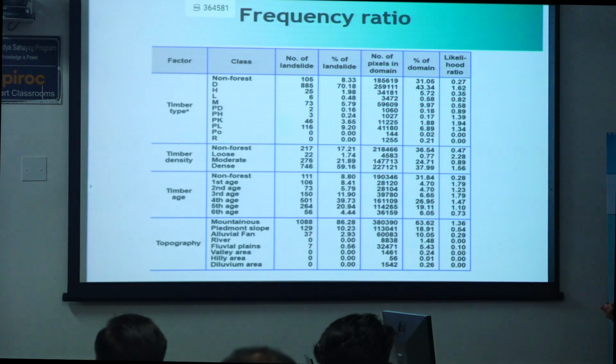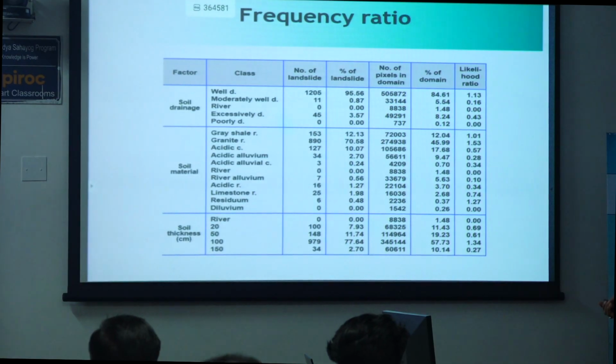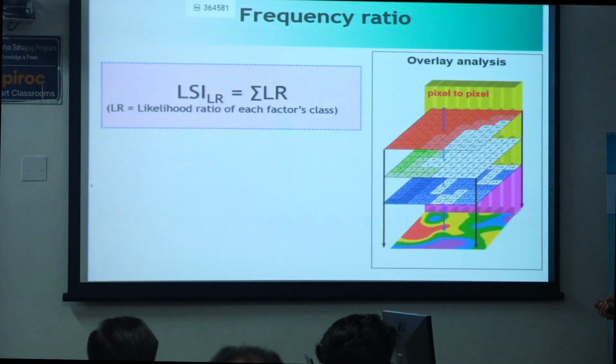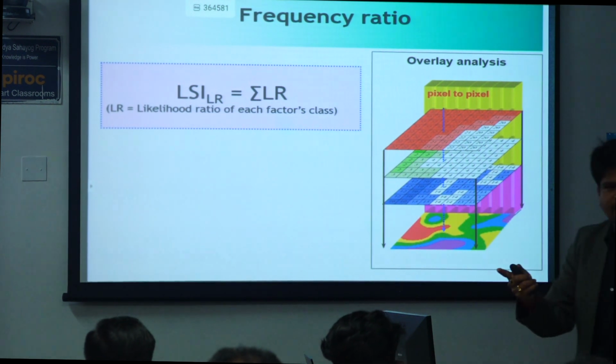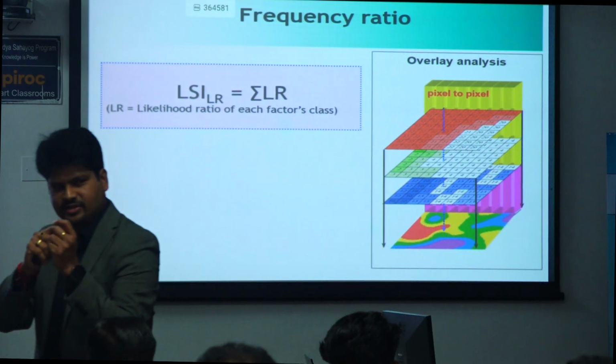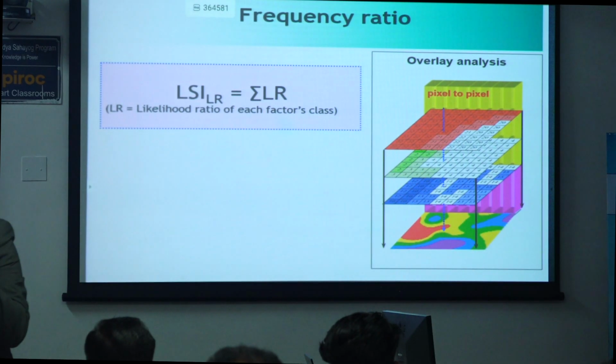You calculate the frequency ratio. Okay? Soil material, soil texture, and so on. Finally, in the raster-based assessment, go to the raster calculator. All the reclassified conditioning factors using the frequency ratio value, you just add.